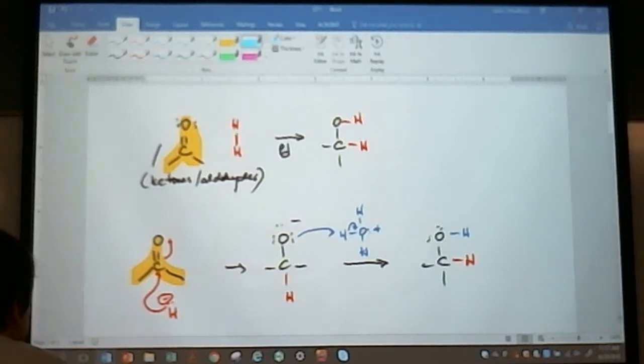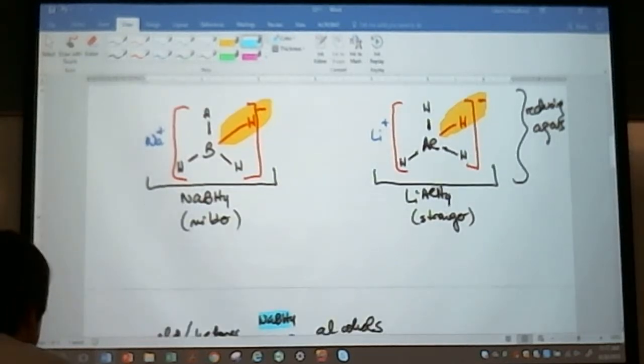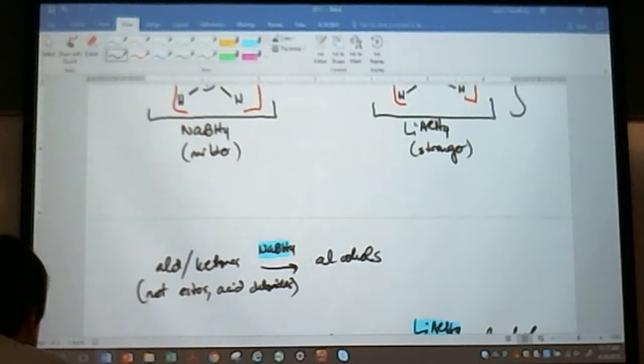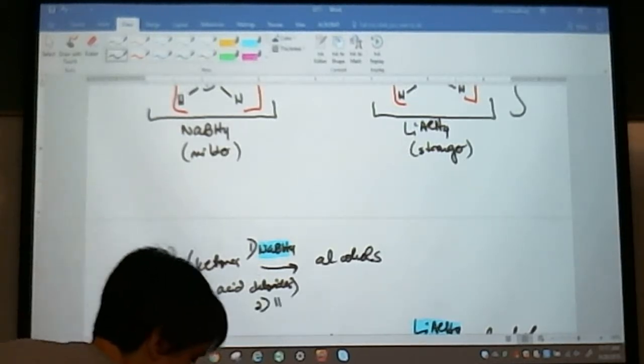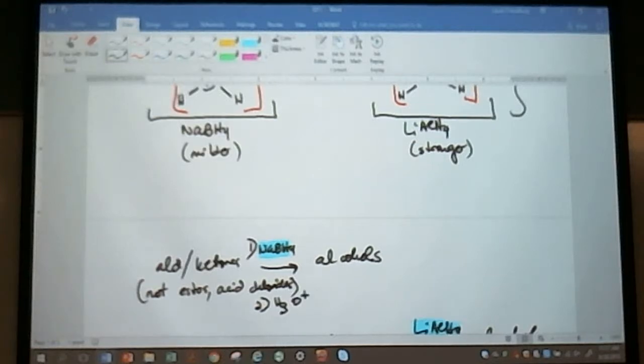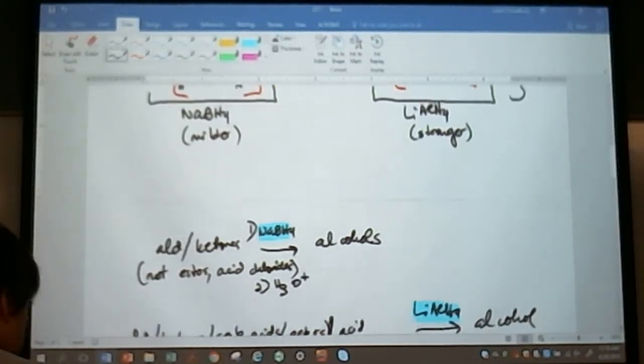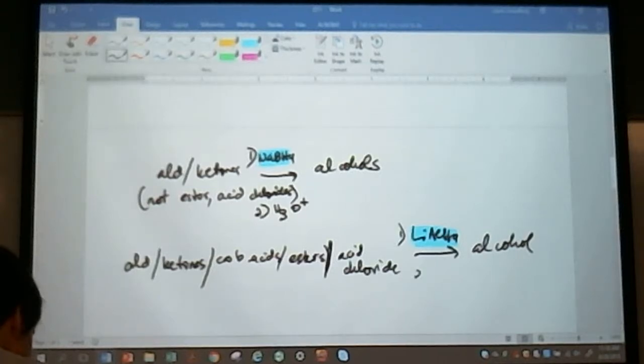So typically what you would write in here is 1, I'm going to add the sodium borohydride, 2, I quench with acidic water to then give me the alcohol. Without quenching, I just have the alkoxide ion. And the same would be true here, 1 reacts to this, 2 we quench.